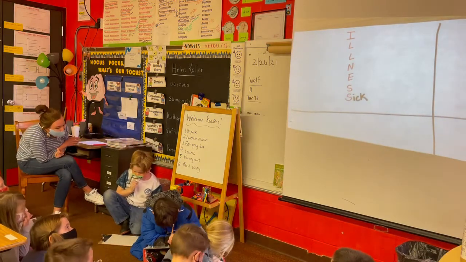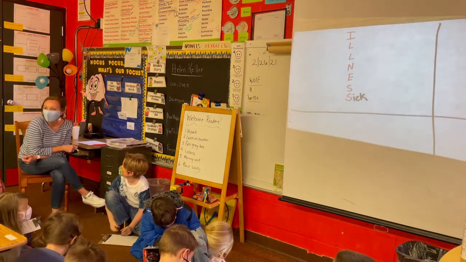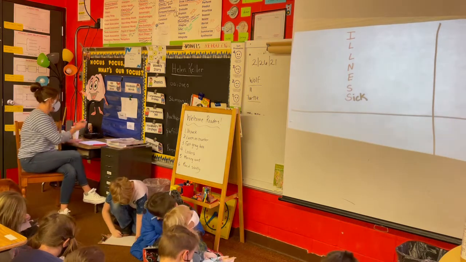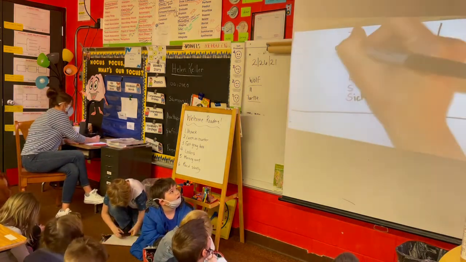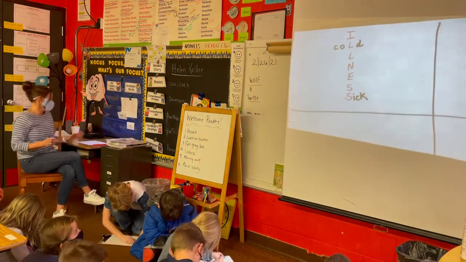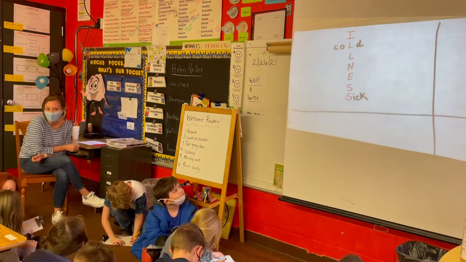What did you say? Cold. Oh, a cold. But Keegan, how am I going to make cold fit? I don't have a C. Oh, the L. So I'm going to go over here on my first L. I'm going to put my C on one side, my O, and then my D. Yeah, because a cold is a mild form of an illness, right?